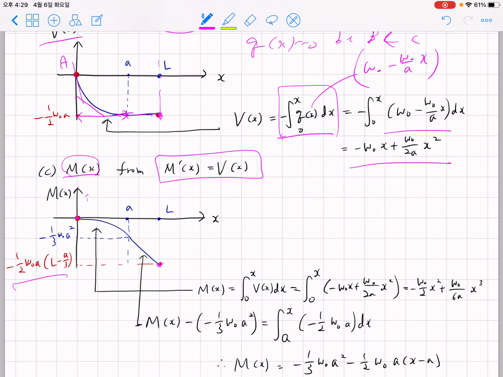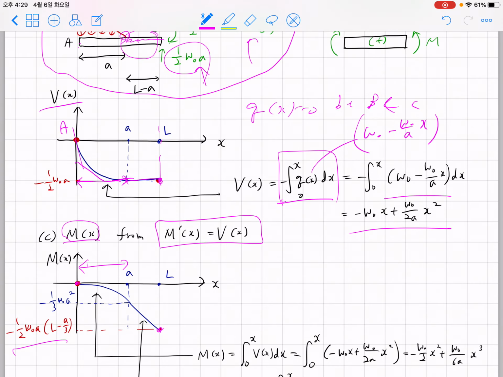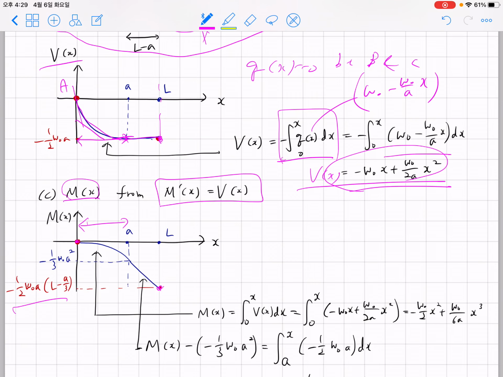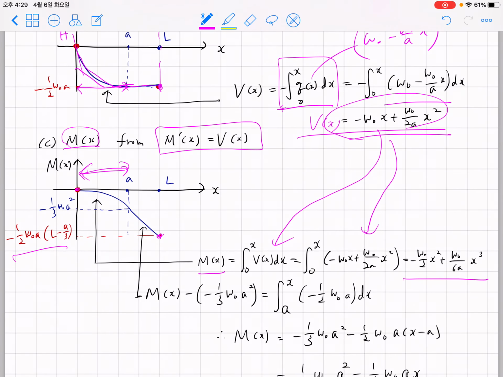So within the zone from 0 to A, we have an expression for V(x), which is this. When we obtain M(x), we plug in this, and this is what you're going to get.